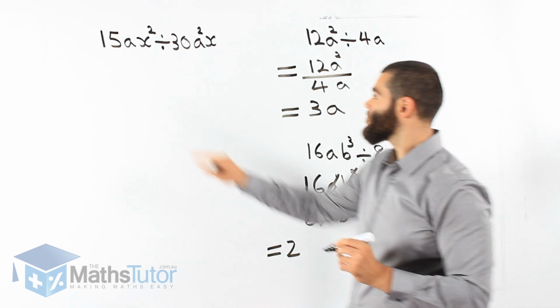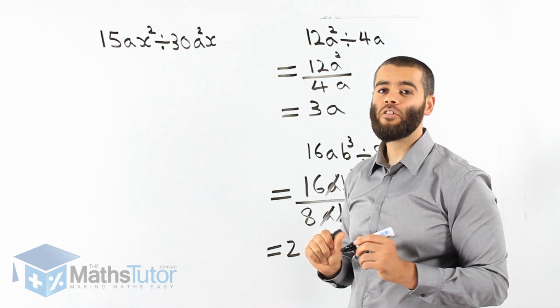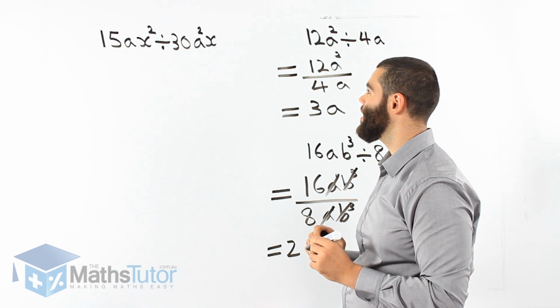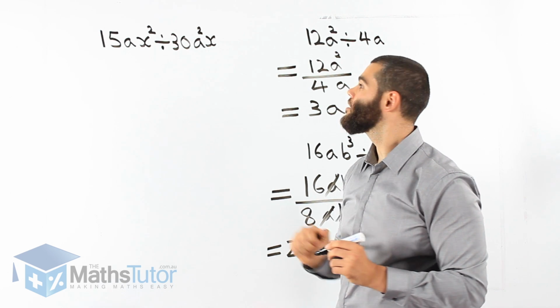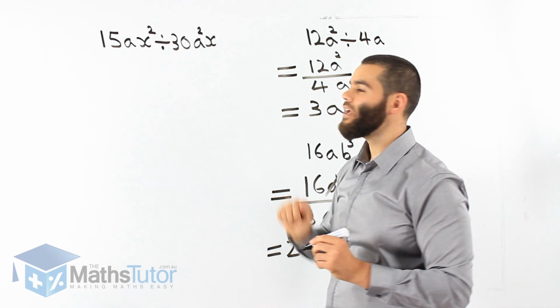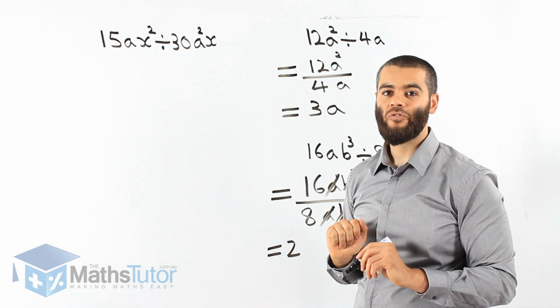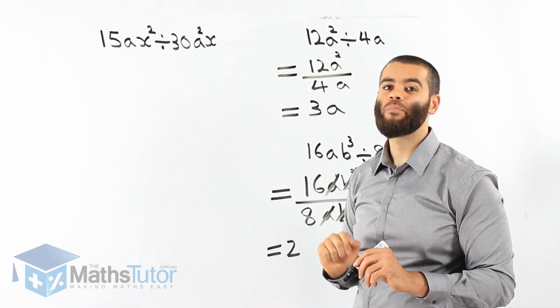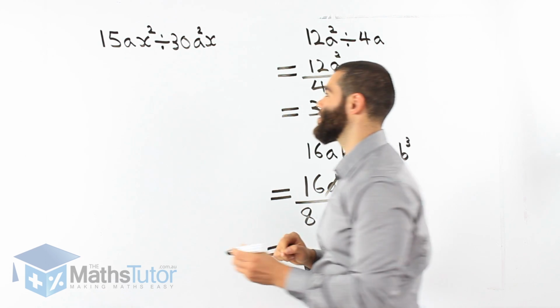Next one. 15ax to the power of 2 divided by 30a squared x. Write it in fraction form. Here you're going to notice how important it is to write it in fractions.